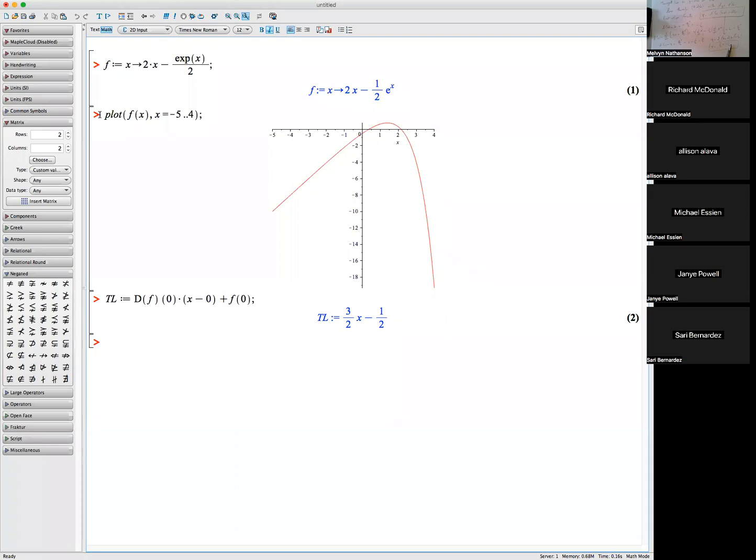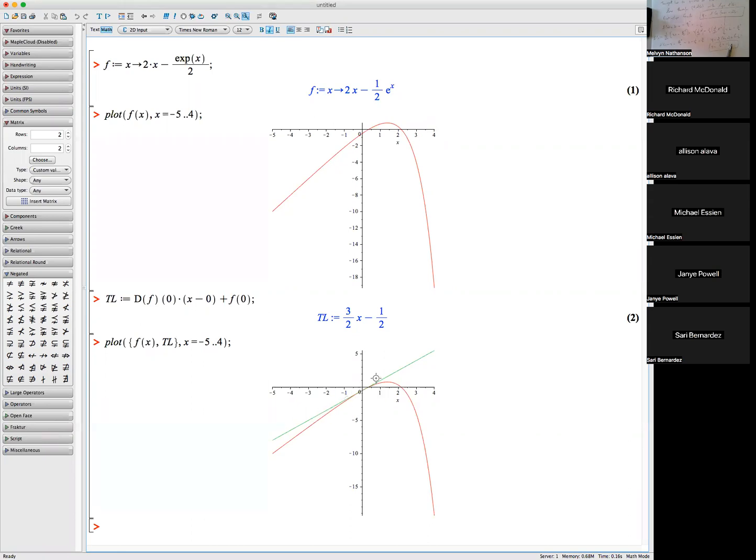So now if I want to go back and plot the two of them together, the way you plot two functions together is put them in curly brackets. So curly bracket f, comma, TL was the name I just gave to tangent line. There it is.